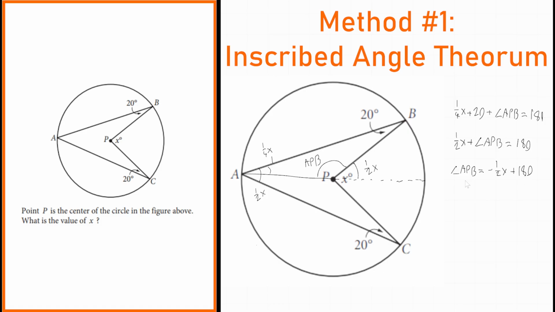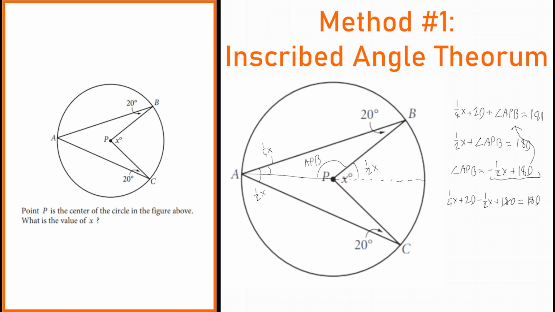We can take this value for angle APB right here and plug it back into this equation, and we will get 1/4 X plus 20 plus this value substituted in for APB, negative 1/2 X plus 180 equals 180.